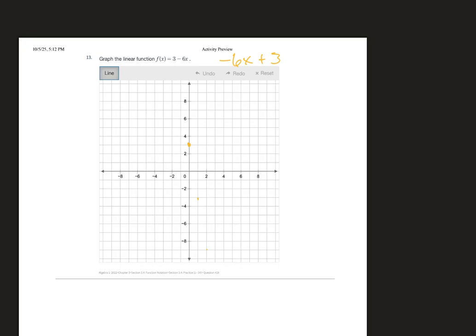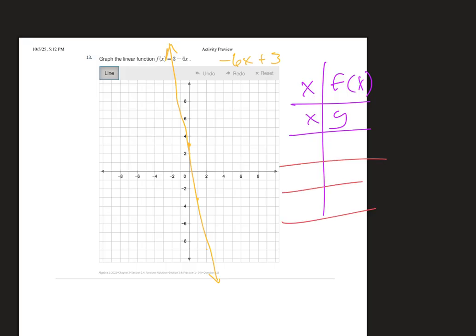So there's my graph like that. Again, x and f of x, or x and y. And if I plug in 0, I get 3. If I plug in 1, I get -3. If I plug in 2, I get, let's see, -9.